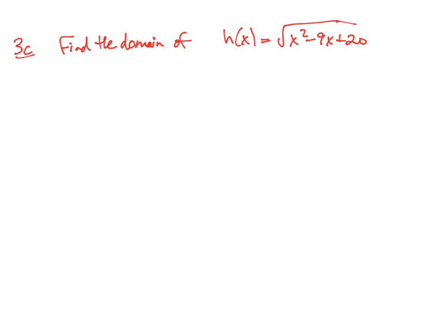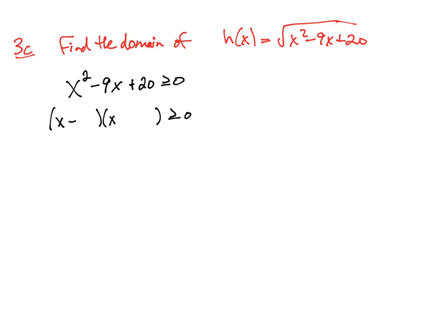find the domain of this function, h of x equals square root of x squared minus 9x plus 20. Well, this is a radical function, so to find the domain of a radical function, we take the radicand, which is the expression underneath the radical, and that has to be greater than or equal to 0. Now, to solve this, why don't we go ahead and factor the trinomial on the left-hand side.